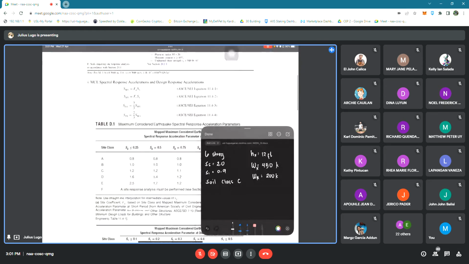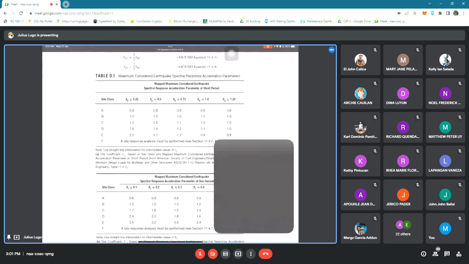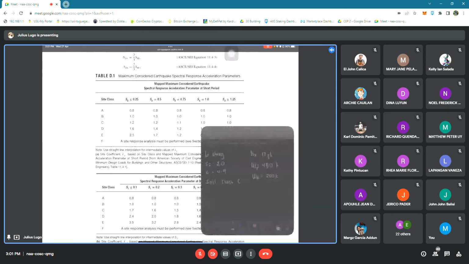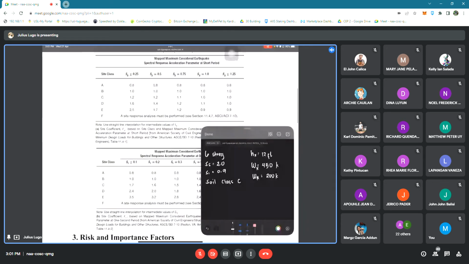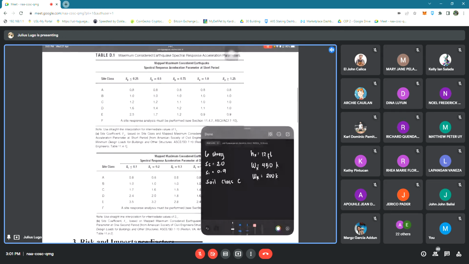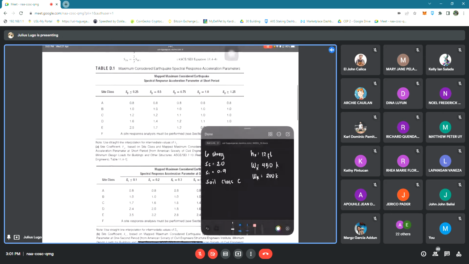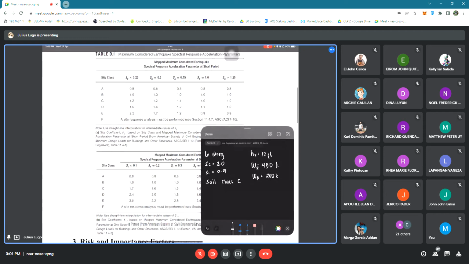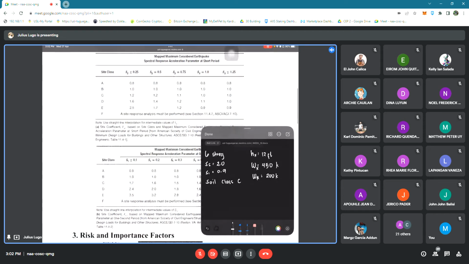So these are the values of table D.1. So we have here the maximum considered earthquake spectral response acceleration parameter. So we have to look for the value of Fa and your Fv. Now, using this table, let's first check what soil class. So, as you can see, it's soil class C.